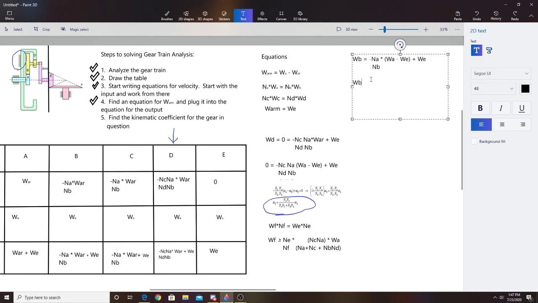Now we move on. WB is equal to the opposite of NA over NB times WA plus NA over NB times WE plus WE, right?